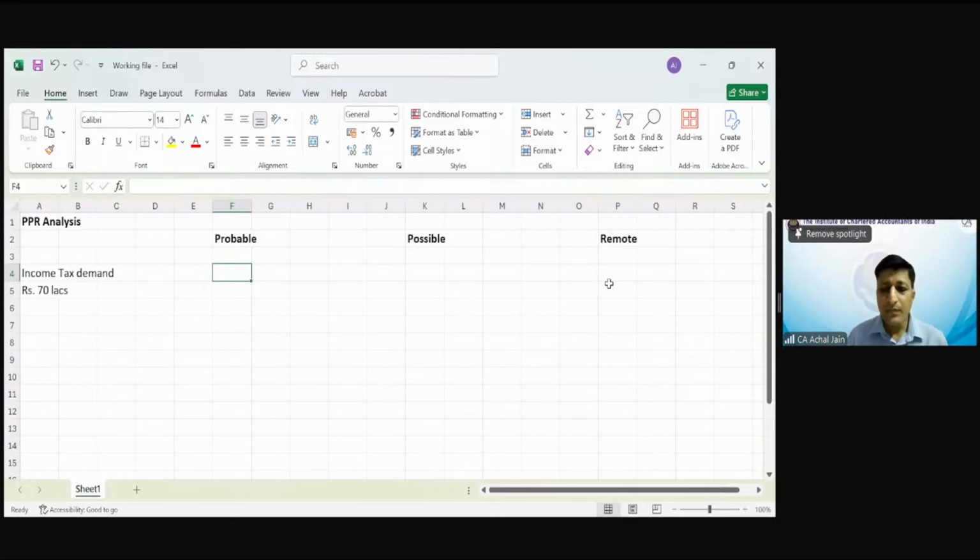Now, let's try to understand the meaning of probable. Can somebody explain what is the meaning of probable? Any thoughts? Anyone who knows the meaning of probable? So how do you understand probable? Over to you quickly. See, this is a very, very important discussion. You can say it's the crux of the standard that we are discussing right now.